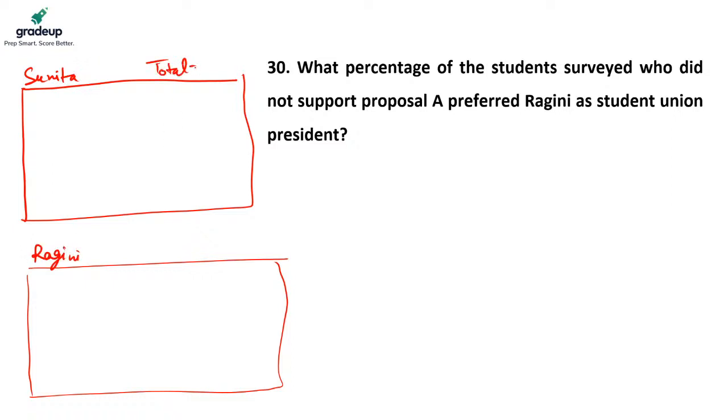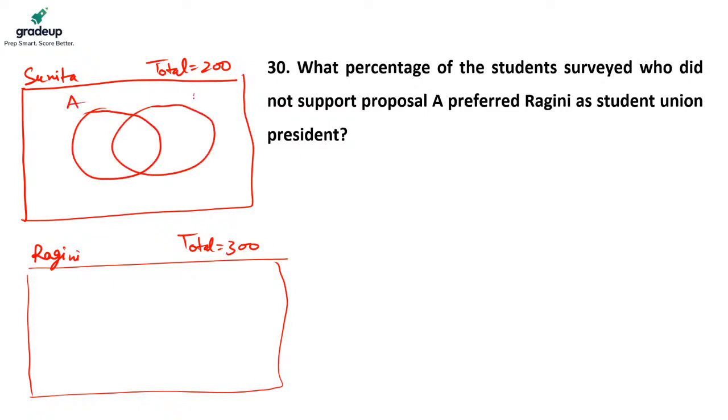The total here was 200, the total here was 300, right? Regarding A and B, if I remember correctly, this was 160, isn't it? This was 110, 50, 0. This was also 50. None was 40.